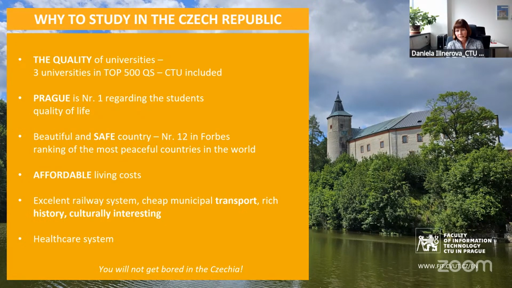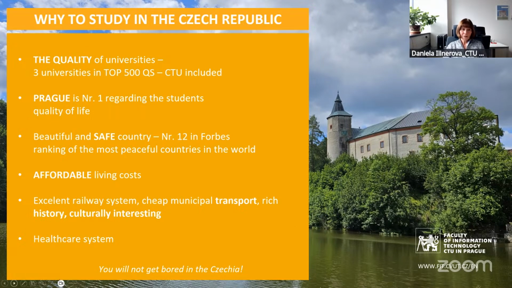So for students, it's really affordable. Also the municipal transport is excellent and very cheap for students. Not so cheap for me anymore, but anyway, I love it because it's really functioning, and you can get where you want within Prague and the surroundings of Prague.